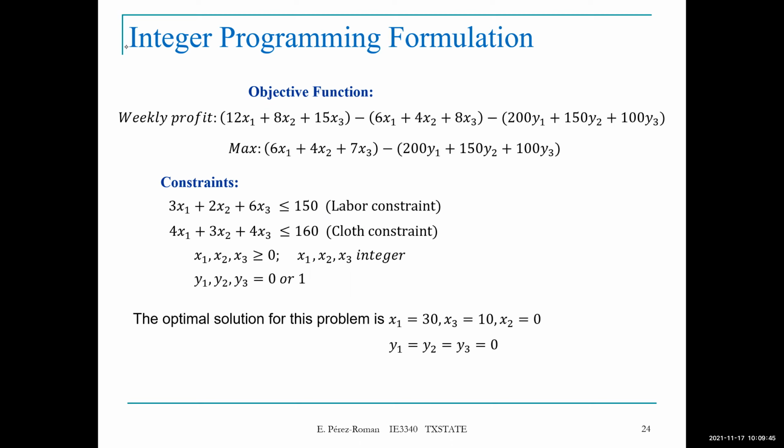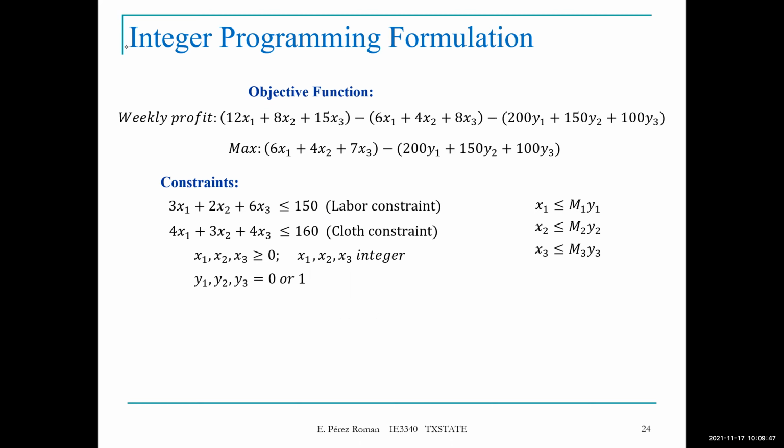But now, since we are linking those decisions, we are telling the model, if you choose to produce any of these products, you have to make these y's greater than 0, or 1. So that's why the solution is changing. Now we are forcing y1 to be different than 0 if we end up producing any of these products. So that cost will be there. And that's what we want.